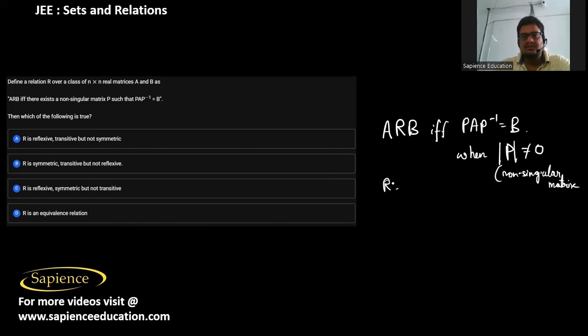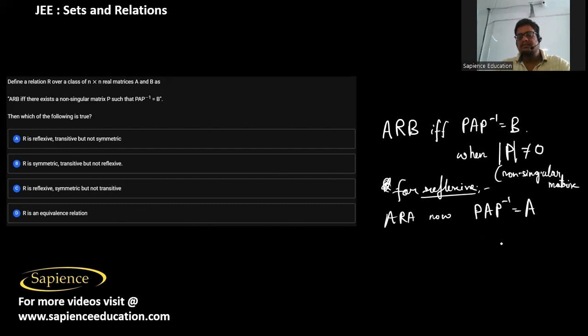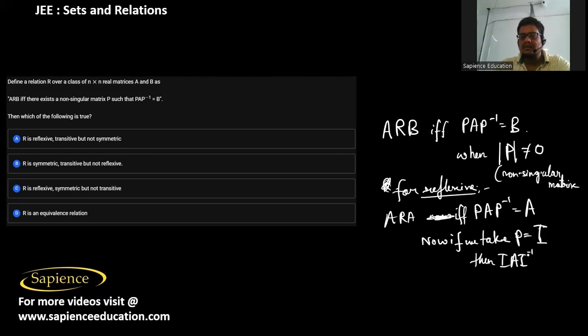For reflexive, A should be related to A. Now, A is related to A if and only if P A P inverse equals A. If we take P as I, the identity matrix, then obviously I inverse is I only.